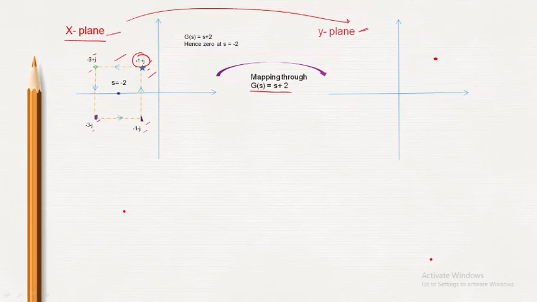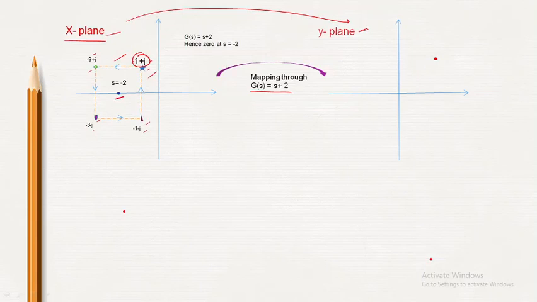So let's do it. First is -1 minus j. I have to map it through this function g(s) equal to s plus 2. One more important point that I should clear right now. Here I have also marked a point s equal to -2.